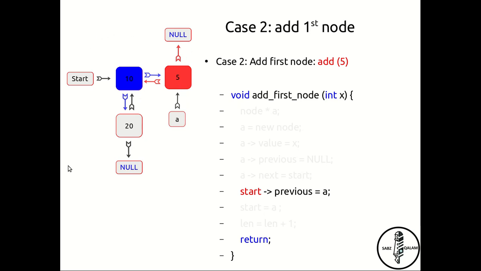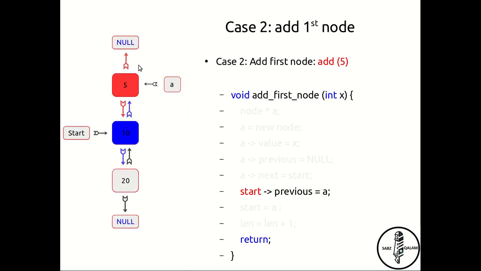Now you can redraw this whole thing in a different way, because it's a little messy right now. So let's make it look nicer. So this is another diagram which represents the same configuration, where A is now pointing to 5 and start is pointing to 10. And you can see here right now that A does become a double linked list. A does become the first node for this double linked list.